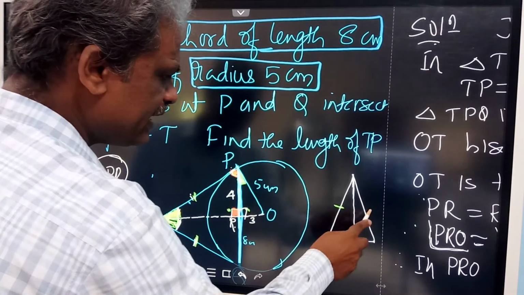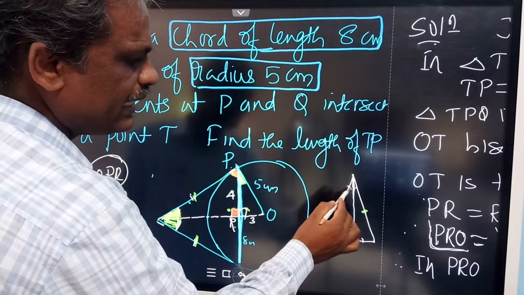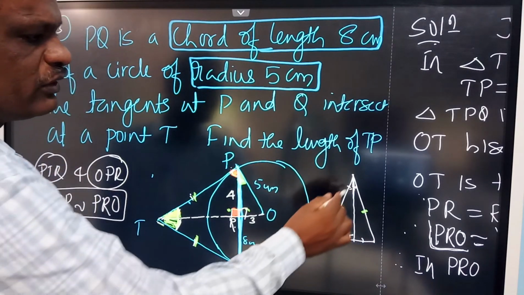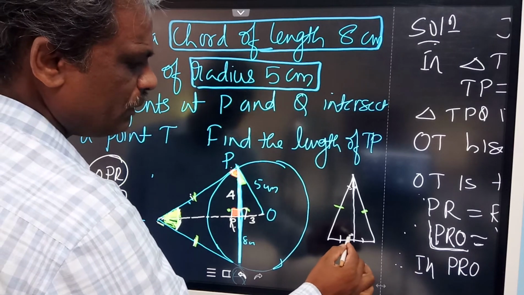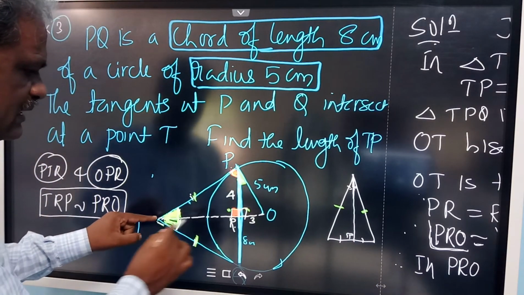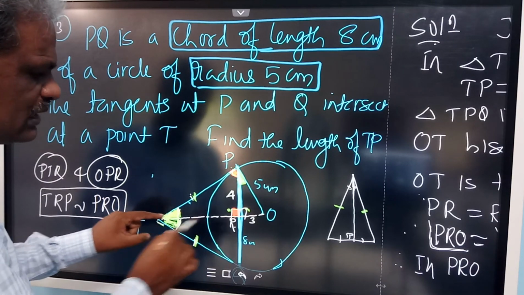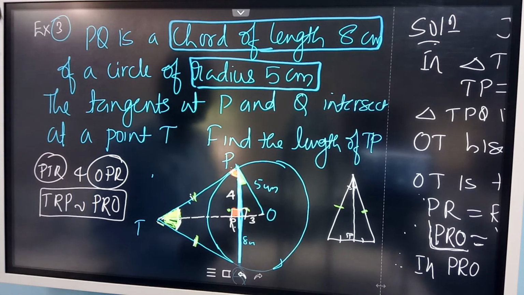In an isosceles triangle, the bisector of the vertical angle will always bisect the base perpendicularly. The same property we use here. This is the bisector of this angle. This must divide the base into two equal parts as well as be perpendicular.